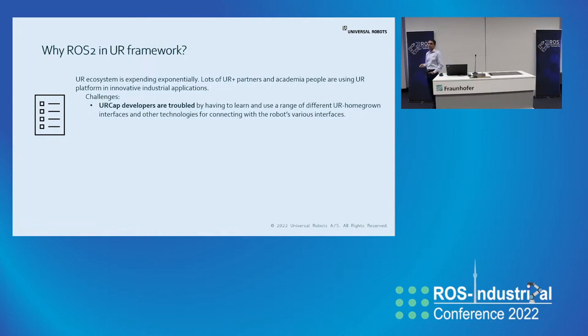So they have to learn our custom protocols, usually more than one, and learn how to integrate them, and not only integrate them, but integrate them properly so it works 24/7 for weeks and months without interruption.